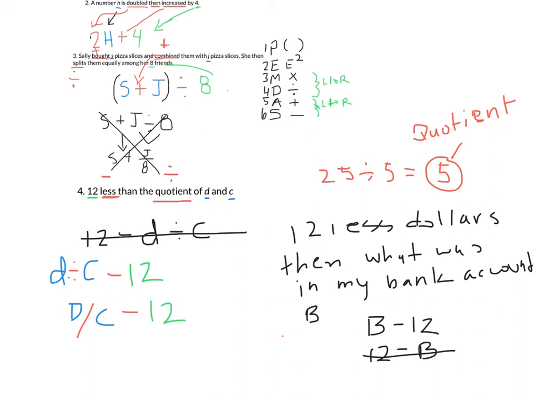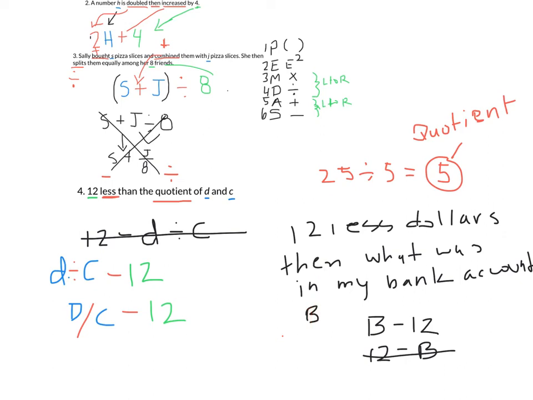But if you don't do it the way that it's written out, you will end up solving the problem wrong. So let's look back at this bank account example. Let's say you did it wrong, and said, oh, okay, it's 12 less dollars than what was in my bank account, which is equal to B. So I minus my bank account.